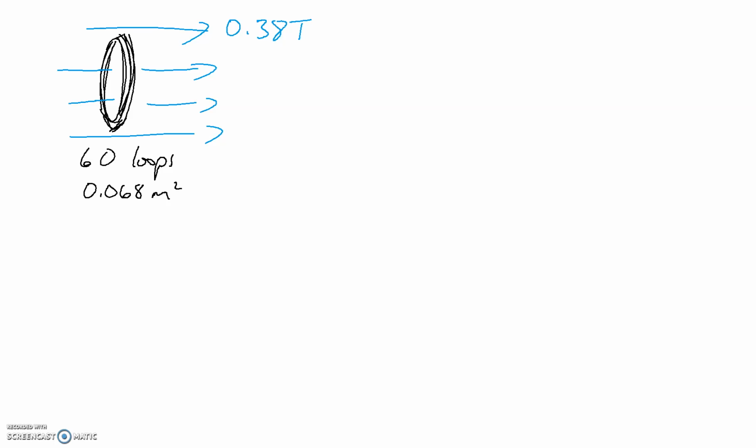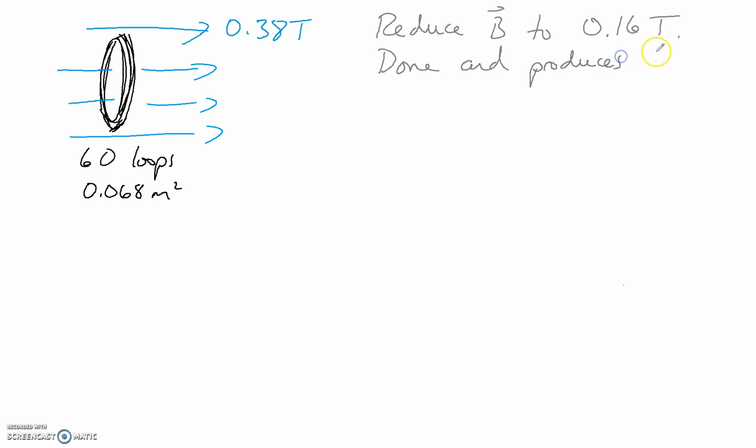Now we are going to reduce the magnetic field to 0.16 Teslas, and it actually produces, let's throw in an 8, it produces 8.5 volts.